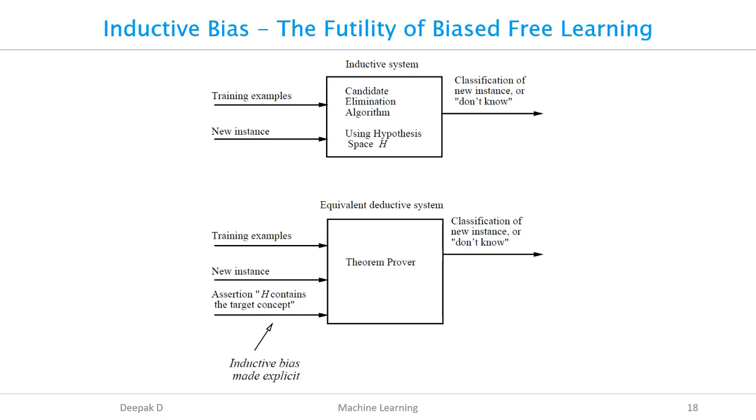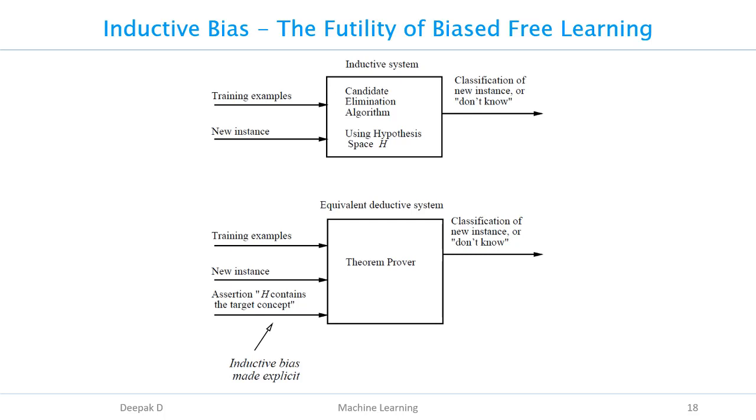So this assertion is therefore called the inductive bias of the candidate elimination algorithm. So characterizing your inductive system by their inductive bias will allow modeling them by an equivalent deductive system. So this provides a way to compare inductive systems according to their policies of generalizing beyond the observed training data.